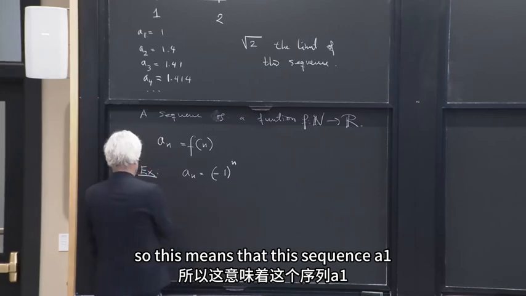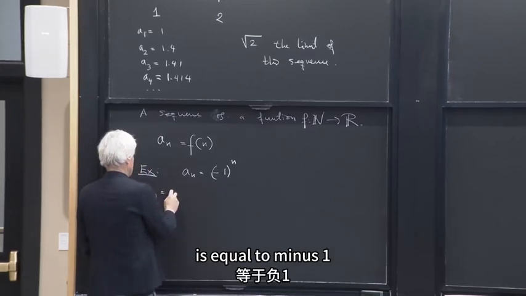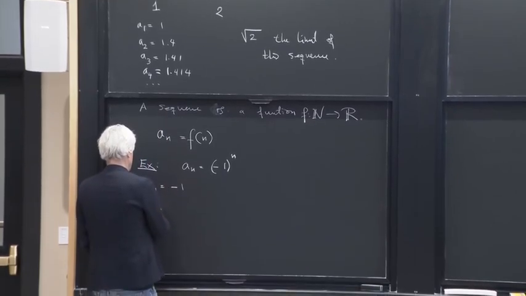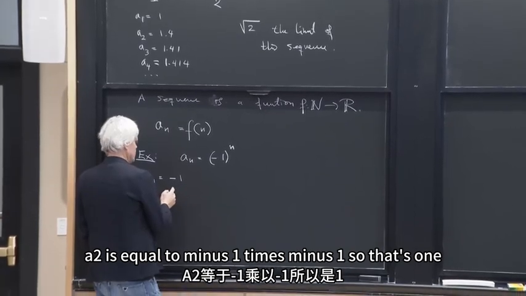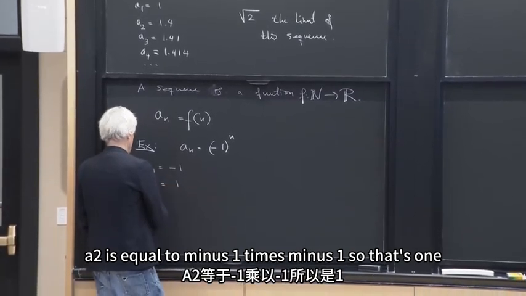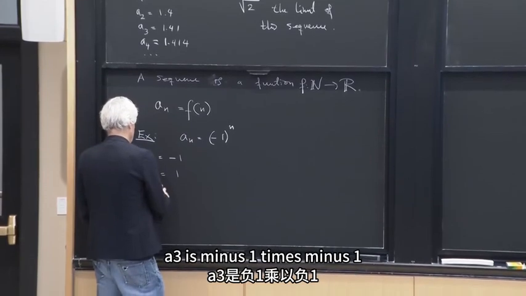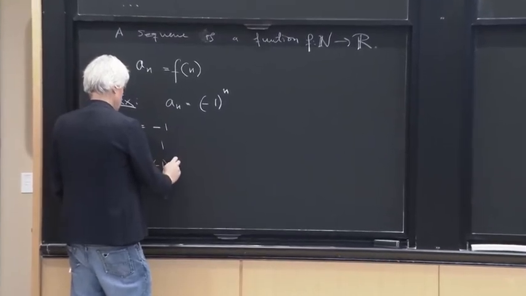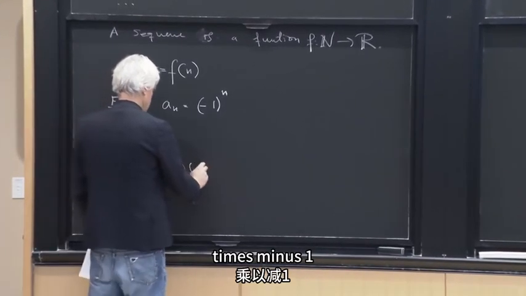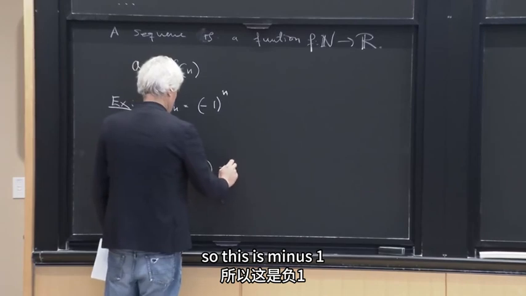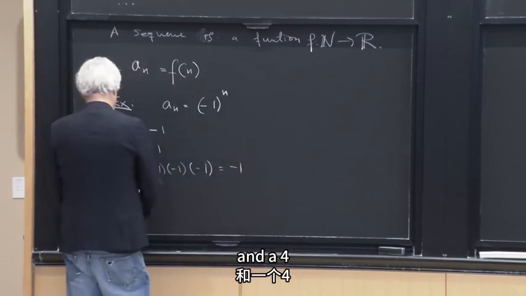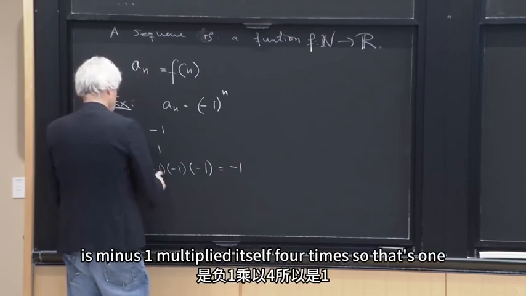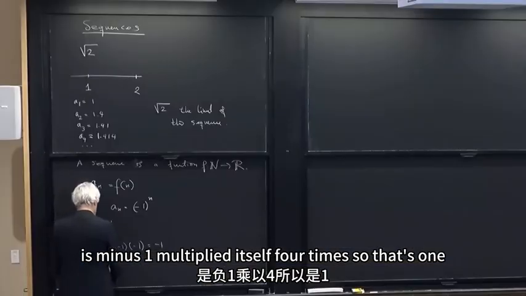This means that a1 is equal to -1. a2 is equal to -1 times -1, so that's 1. a3 is -1 times -1 times -1, so this is -1, and a4 is -1 multiplied by itself 4 times, so that's 1.